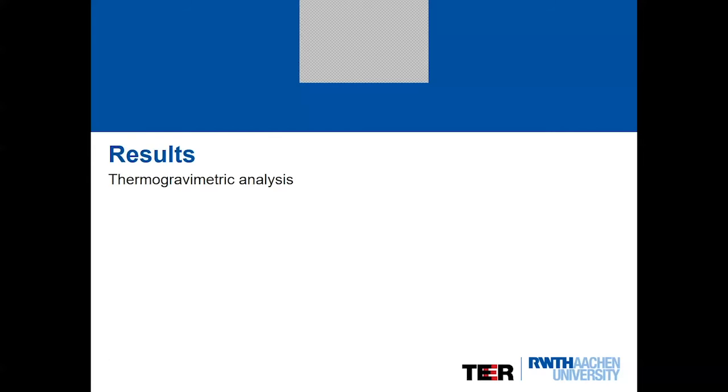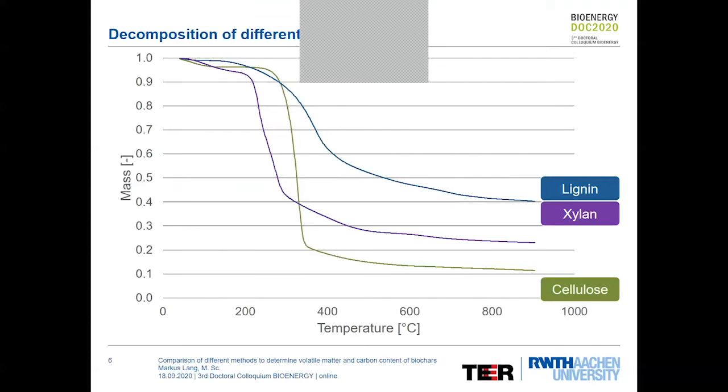There we first have done some experiments with different materials. On the one hand here, the 3 main components of biomasses, so lignin, then xylan as one of the main components of hemicellulose, and last but not least of cellulose.